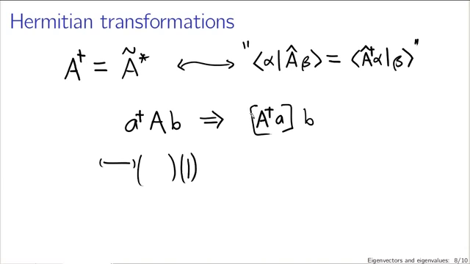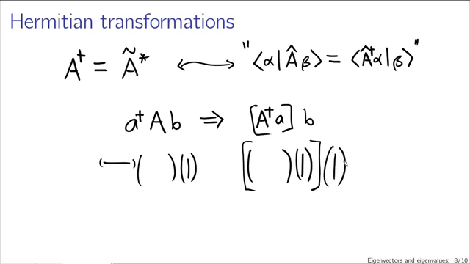When I take the Hermitian conjugate here, you can think about this as being your matrix, which is now Hermitian conjugated, acting on the vector A now, and then when we're done with that, we allow it to act on B. So I can take this sort of matrix vector product, and I can take this sort of matrix vector product, and everything is okay.